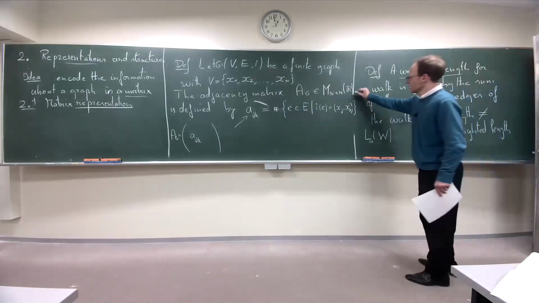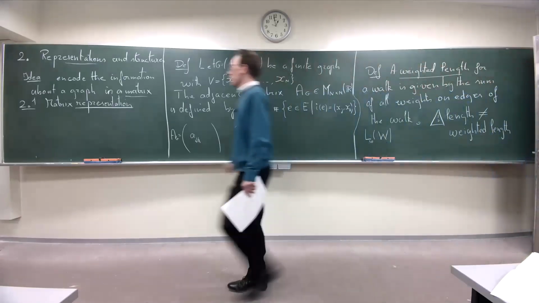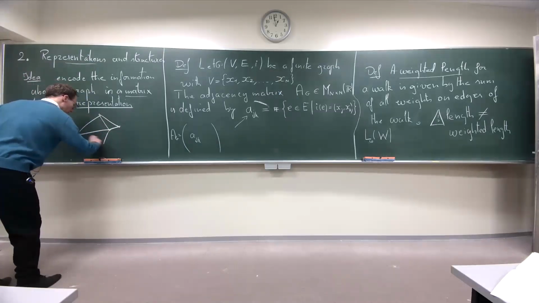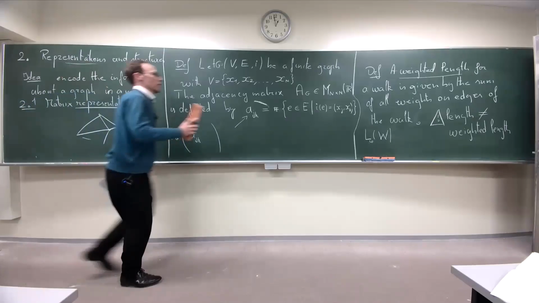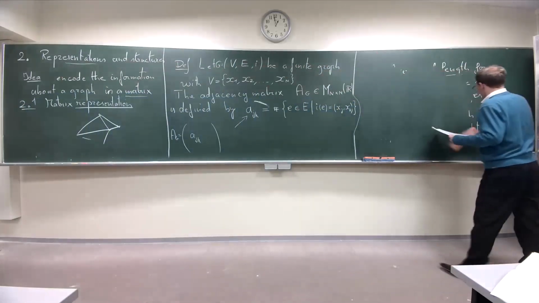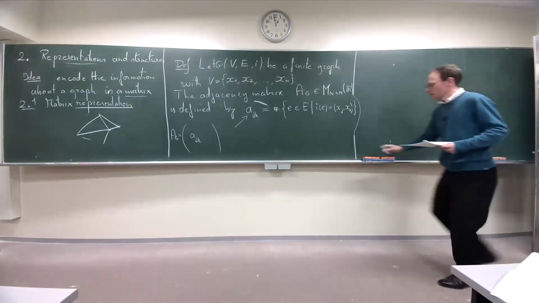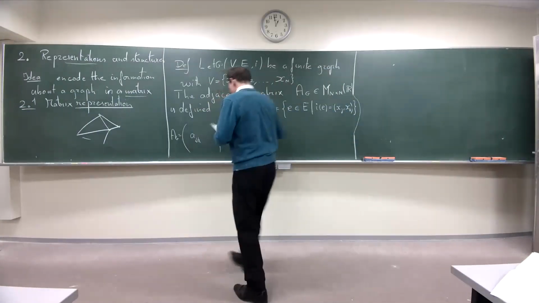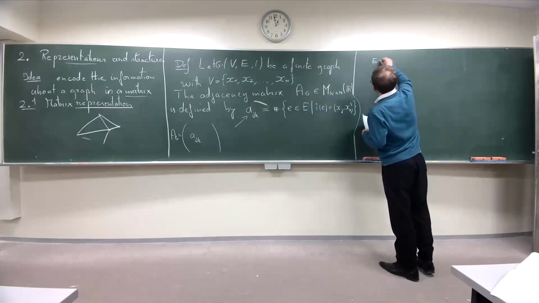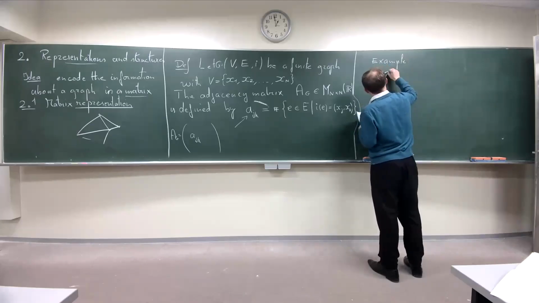Okay, so let's think about it. What is the meaning? You have your graph, a complicated graph. Oh no, let me do a simple example, maybe it's more efficient. First, it's not completely finished, but let me work on an example. The example is a simple graph. It is this.